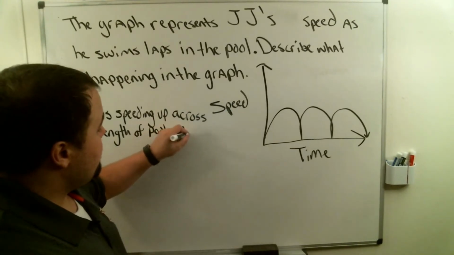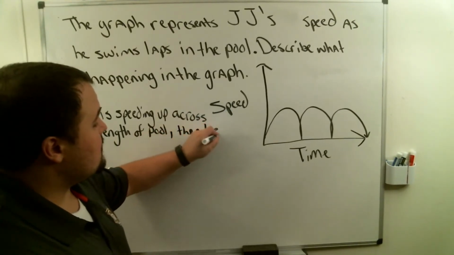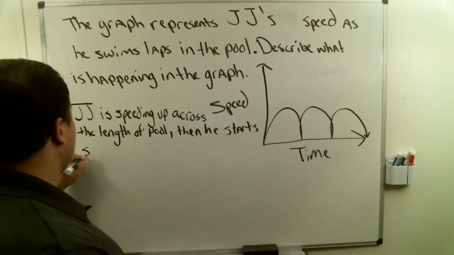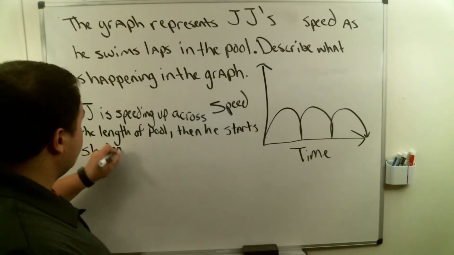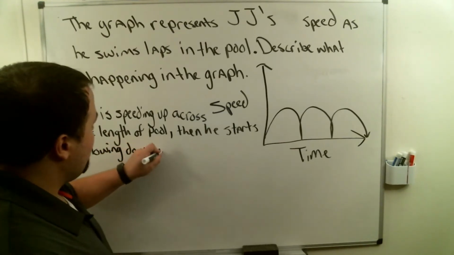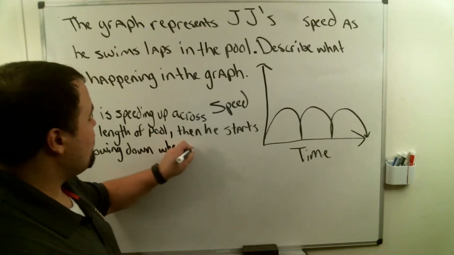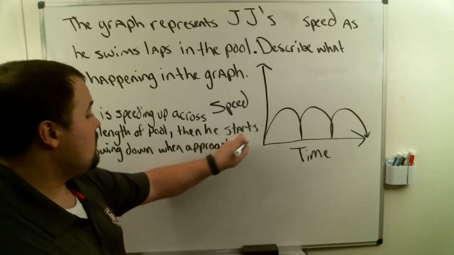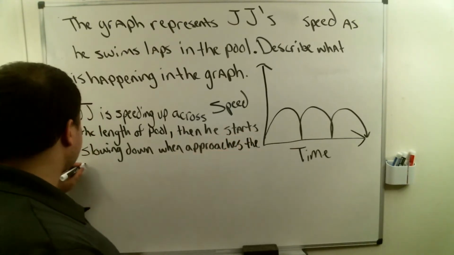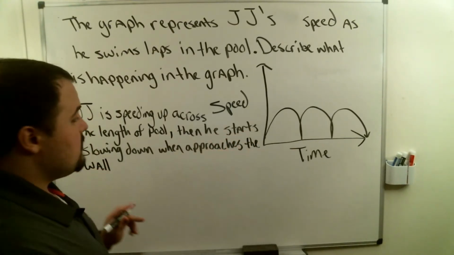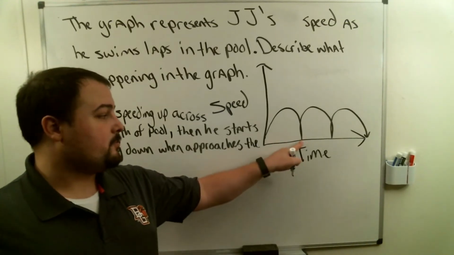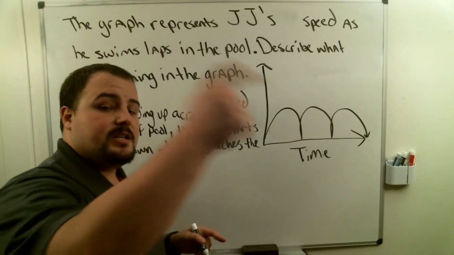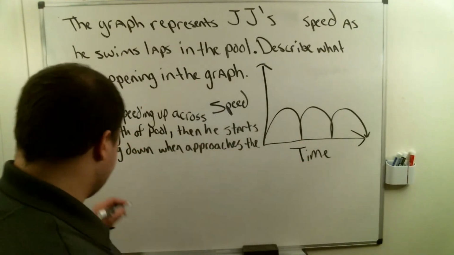Then he starts slowing down when he approaches the wall. Once JJ approaches the wall, his speed is going to be 0. He's going to speed back up as he goes back for the next round.